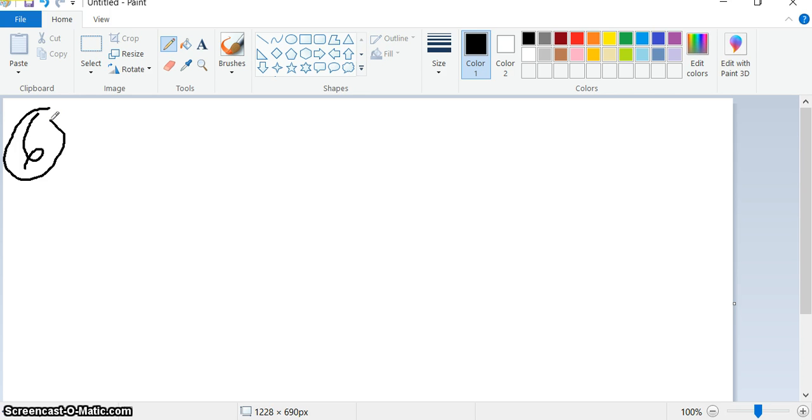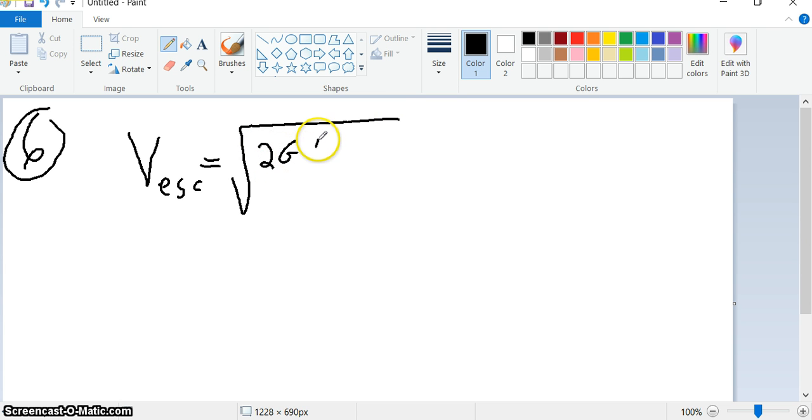So I mentioned this in class, but I want to make sure everybody sees this. As a reminder, the escape velocity, which Isaac Newton came up with 350 years ago, is equal to the square root of 2 times big G times the mass of the object divided by the radius of the object.